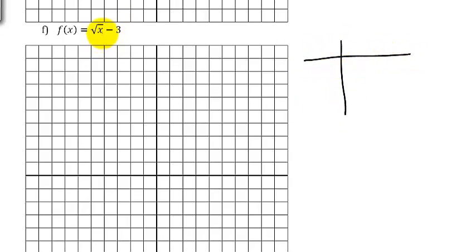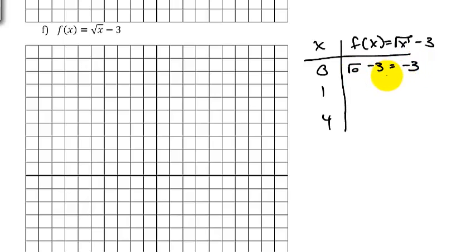And again, picking the x values this time is easy because the only thing under my square root is x. So they're going to be 0, 1, and 4. So square root of 0 minus 3 is negative 3 because it's 0 minus 3. And then square root of 1 minus 3 is 1 minus 3, or negative 2.